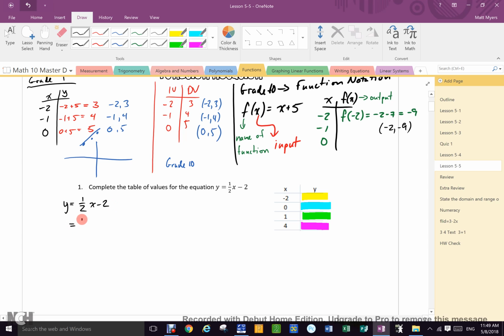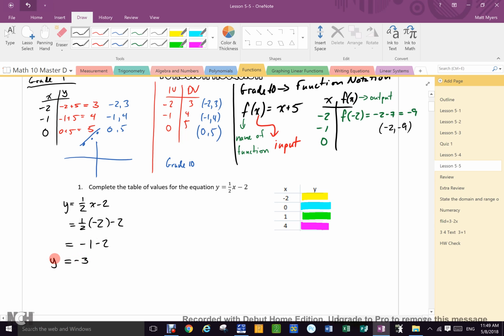So, the first value is 1/2 times what? Negative 2 minus 2. What is 1/2 times negative 2? Negative 1. Negative 1 minus 2. What is negative 1 minus 2? Negative 3.